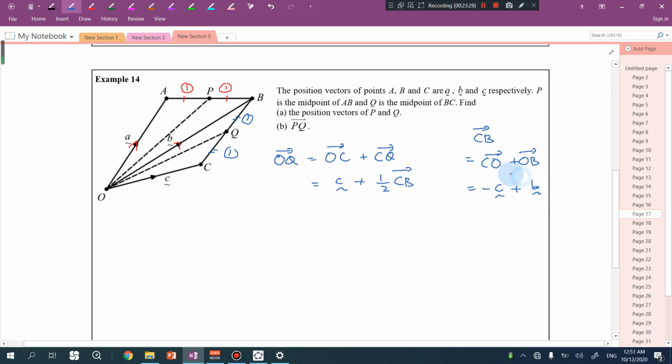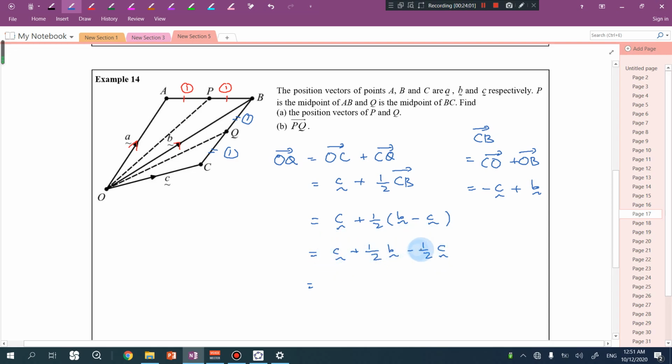Now, I have CB. I'm going to move this whole thing over here. C plus 1 over 2 CB, so how about I write B minus C. Just do some expansion like just now we did. 1 over 2B minus 1 over 2C. Now, this is 1 minus 1 over 2. These two we cannot add or subtract because this is B, this is C, but these two we can.